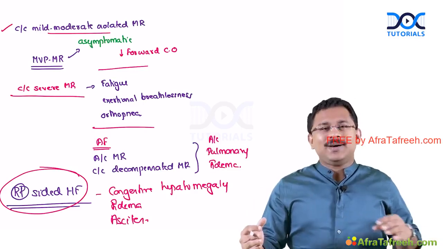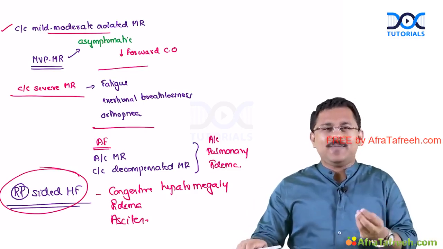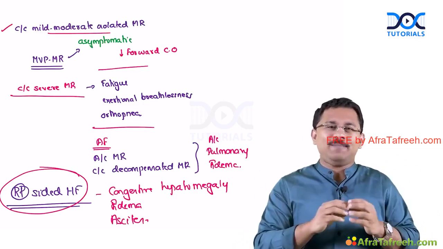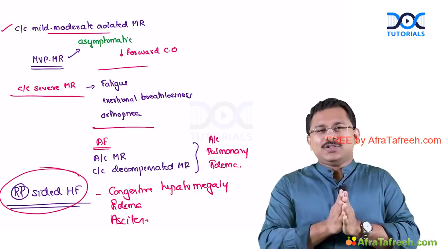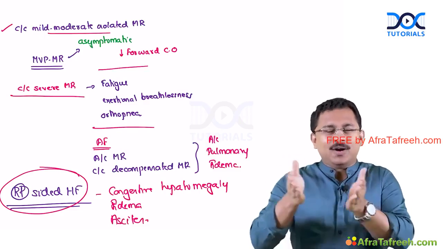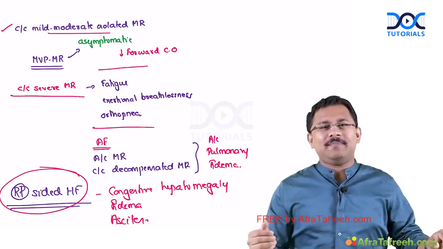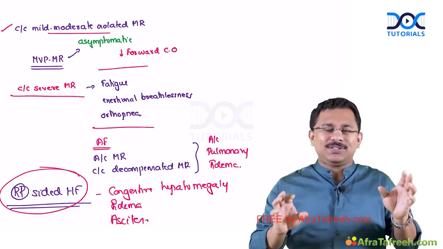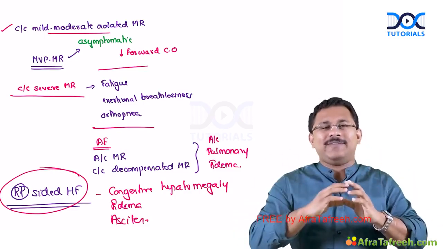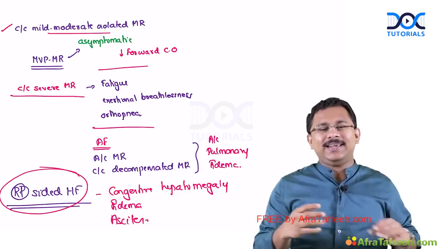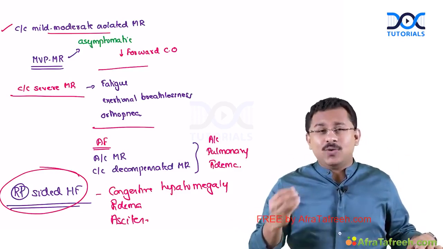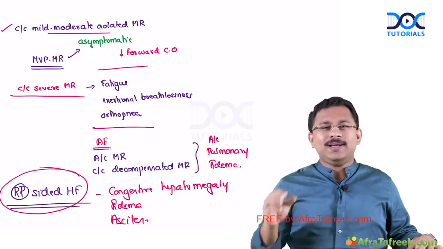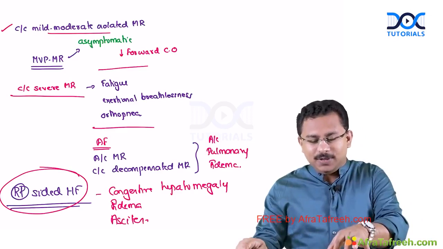Always remember, when you have patients with severe MR and LV enlargement, always be worried about the development of heart failure, either during the stage of acute MR or chronic decompensated MR. Once the patient develops a progressive MR and you have significant LV dilatation, whatever myocardial dysfunction has happened is mostly irreversible. Please keep that point in mind.